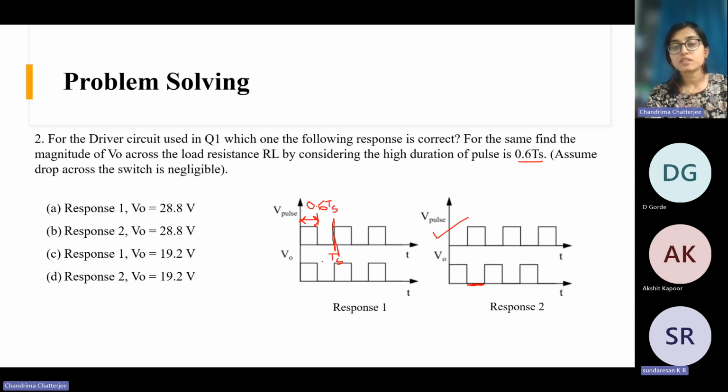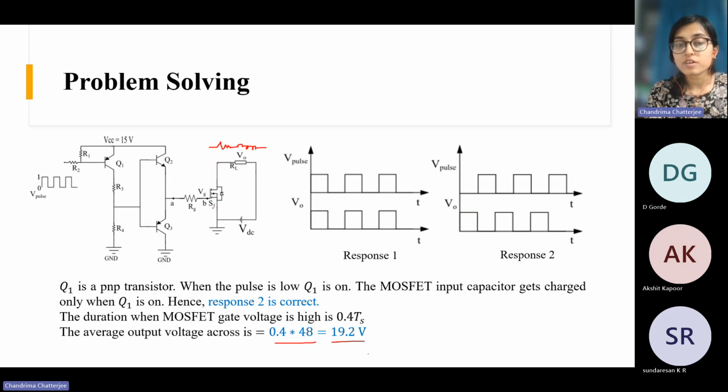Then why did you take duty ratio 0.4? Because I explained, right, that when this pulse is high, then this MOSFET is off. When this pulse is high means the potential at this point is high. This is the V pulse.